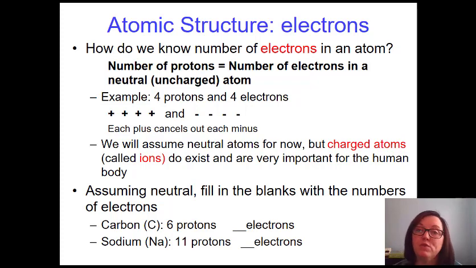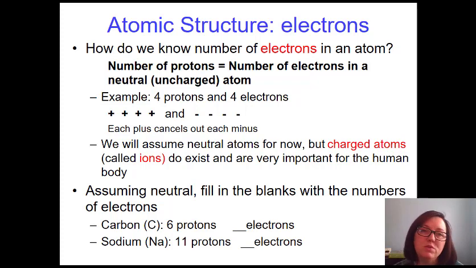Let's say we have an atom with 4 protons and 4 electrons. Each proton has a positive charge, so we have 4 positive charges in this hypothetical atom, and each electron has a negative charge. So if we have 4 electrons, we have 4 negative charges. Each positive charge will cancel out each negative charge, leaving this atom with no charge, or leaving it neutral.